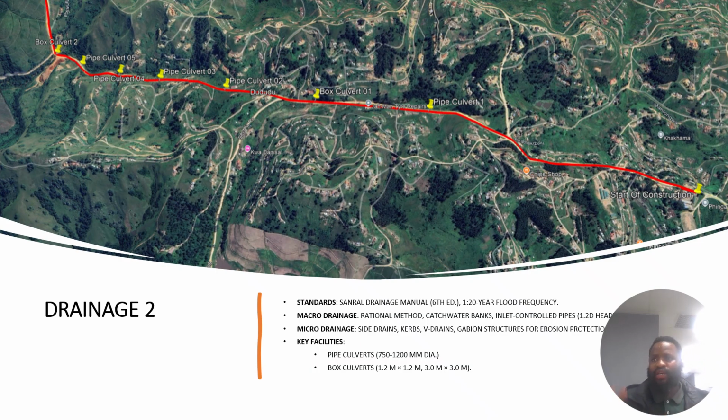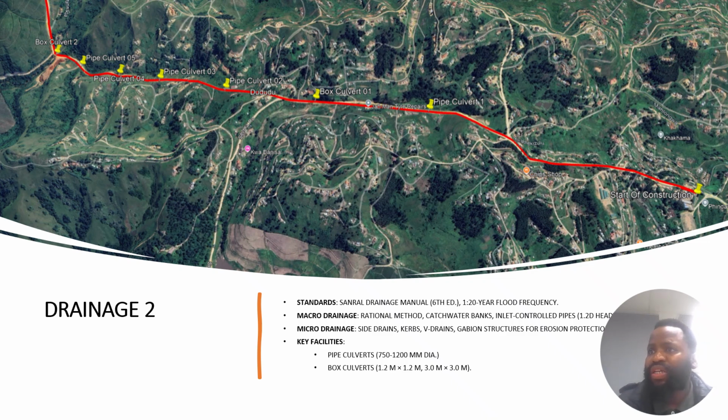And then drainage, so this is a layout. This layout shows you the positions of the culverts, from culvert 1, 2, 3, 4, 5, 6. These are all the positions of the culverts, bounded by the start and end of the construction. The standard is the Drainage Manual 6th edition, and you use the 1 in 20-year flood frequency to get your design flood.